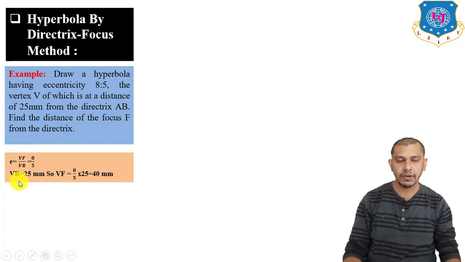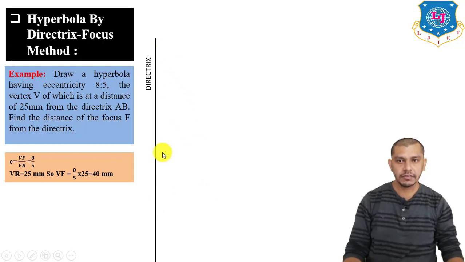Put 25 mm in this equation. You will get VF is equal to 8/5 into 25, equal to 40 mm. So the distance of vertex to focus is equal to 40 mm. Here it is asked to find the distance of the focus from the directrix. So the distance of the focus from the directrix will be the summation of 40 plus 25, equal to 65 mm.